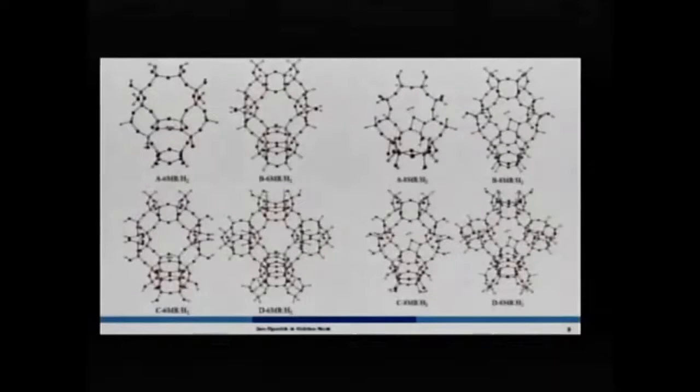To analyze our systems, we did statistical analysis, thermochemical analysis, ESP, NBO, and NCI analysis. Here we have our clusters, with the hydrogen adsorbed at the 6-membered rings, and here at the 8-membered rings.